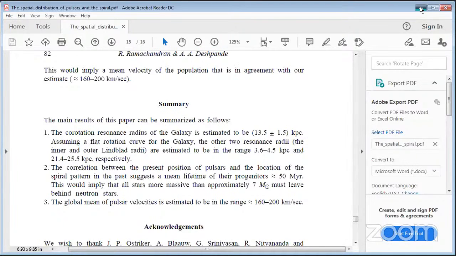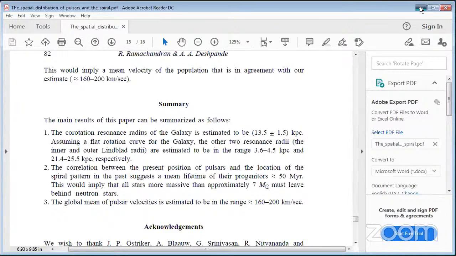And I have yet another question. Is the 7 solar mass limit debatable, or are we quite sure about it? Yeah, it's debatable to the level to which we can attribute the shift that we see to the lifetime.